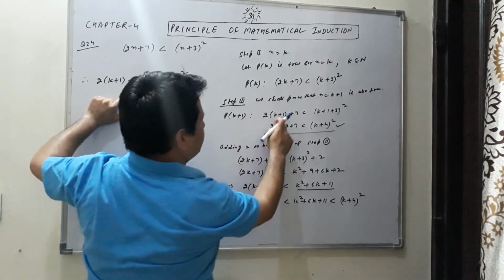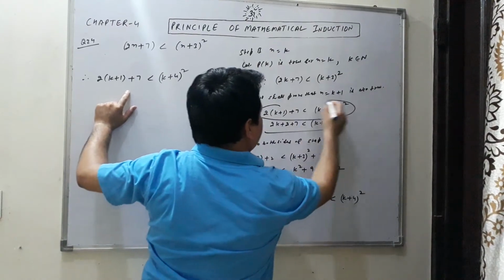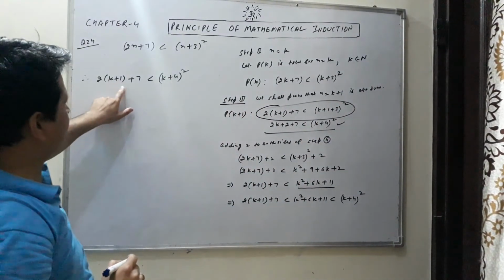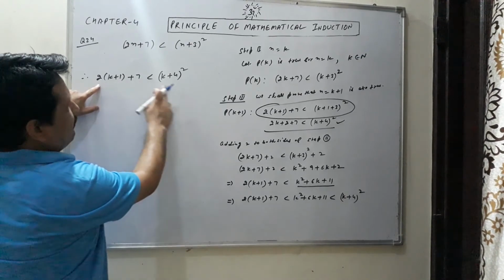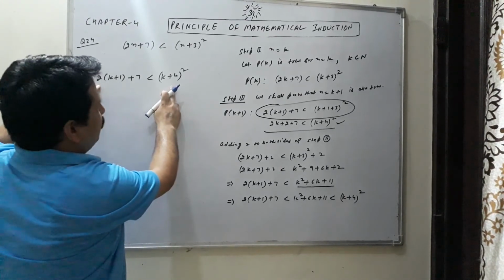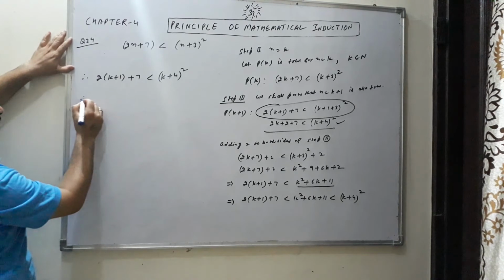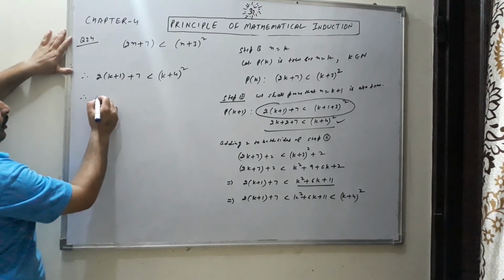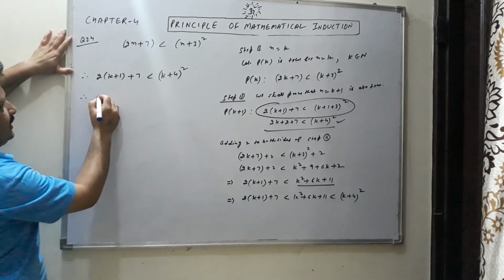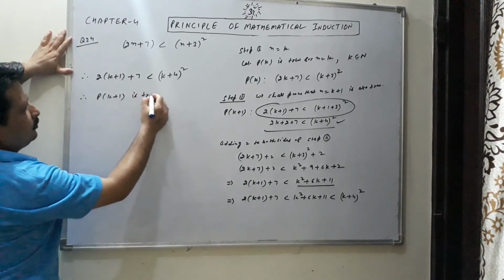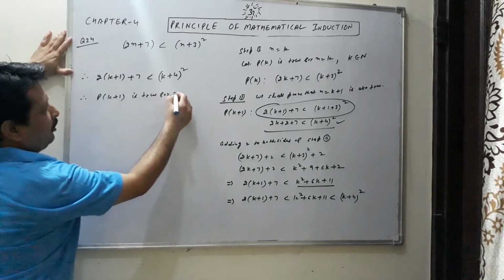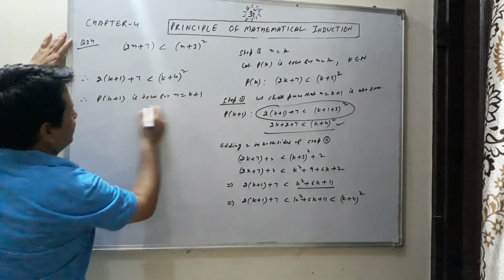Here you will see that we have proved that 2 into k plus 1 plus 7 is less than k plus 4 whole square. Therefore we can say that P of k plus 1 is true for n equal to k plus 1.